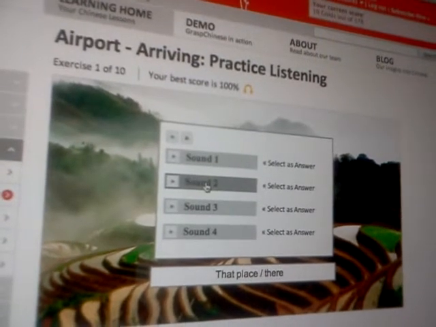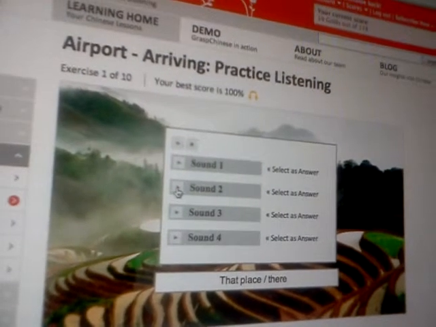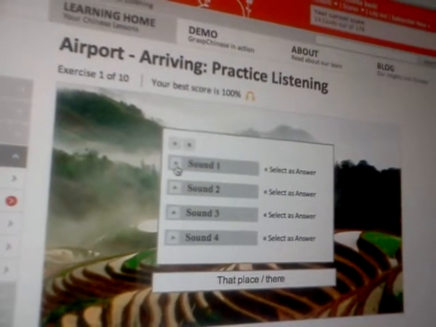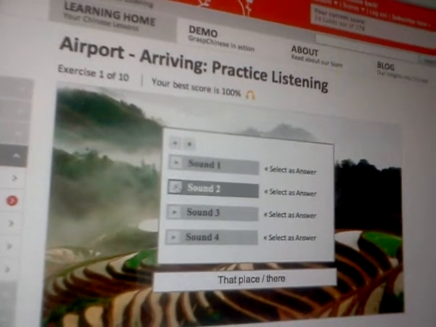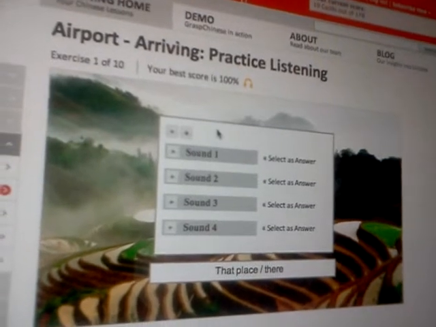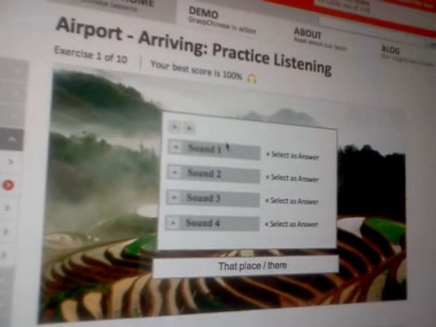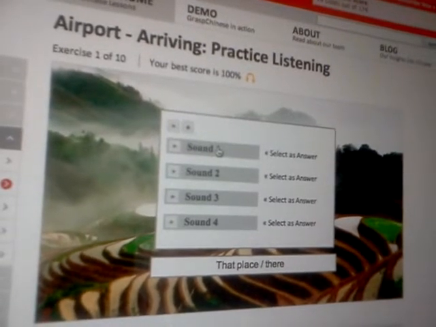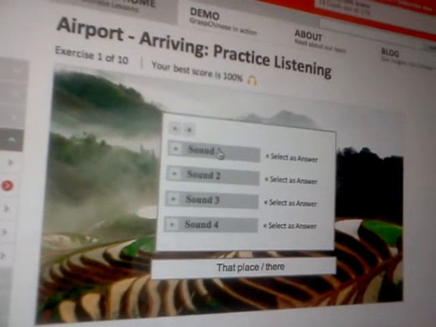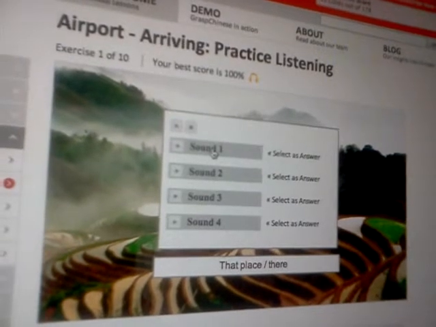The second sound is 哪里. Oh, I love this program. 哪里 is the first sound. Second sound is 那里. Sounds pretty similar, doesn't it? Well, guess what, people who don't speak Mandarin? They're not the same, even though they sound almost identical. This is one thing I had to get over when I was first learning.